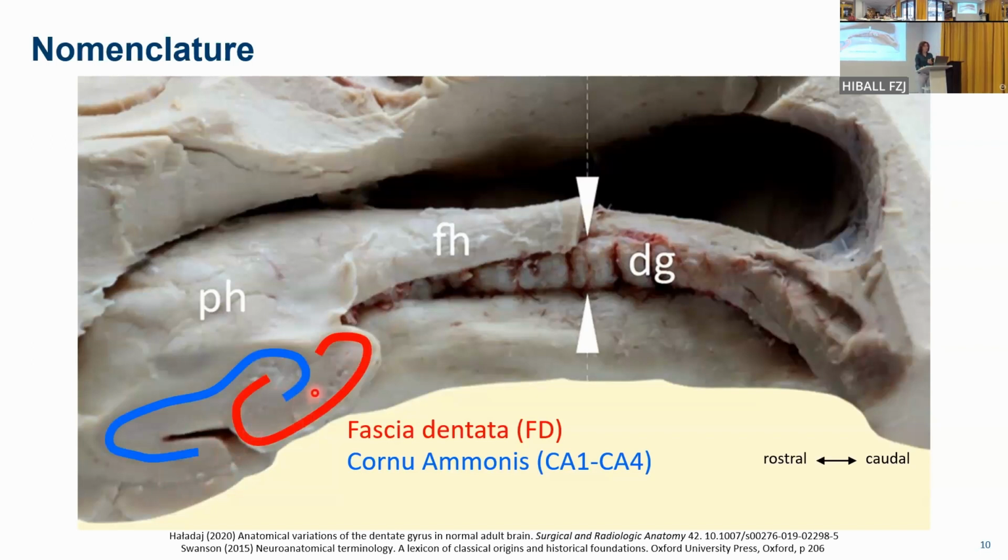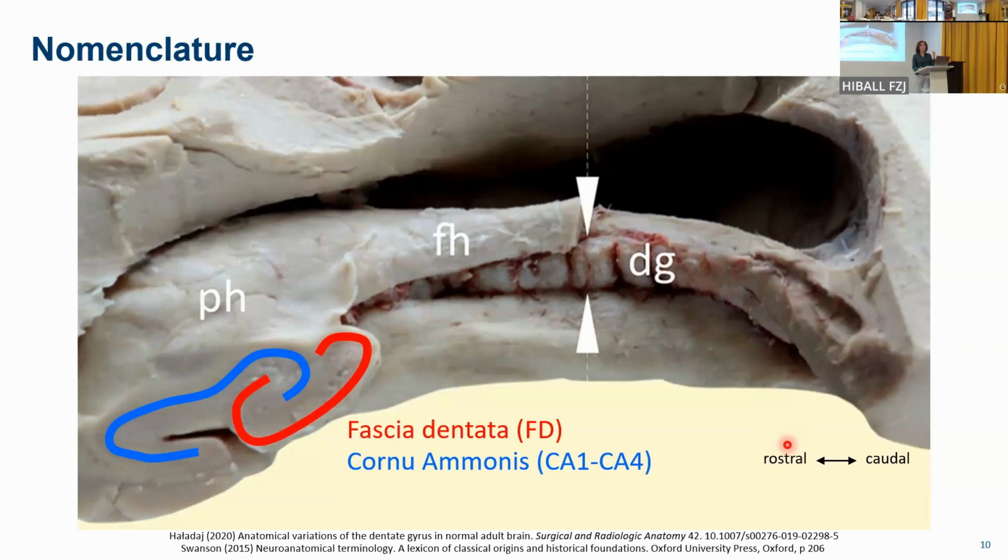We've got the so-called cornu ammonis and the fascia dentata, and this is what anatomists describe as the two interleaving Cs, okay? And when we look along here at the surface, you can see little lumps.